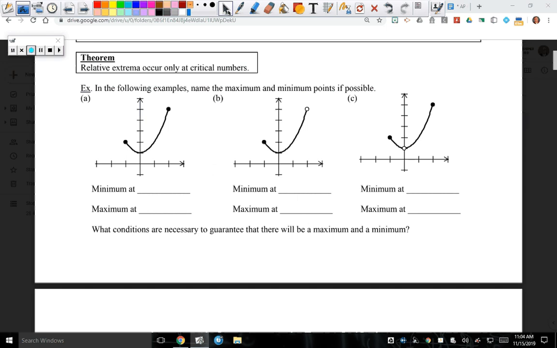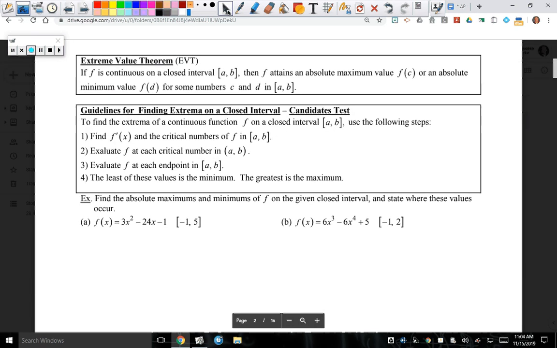Okay. All right, so let's go to now. So extreme value theorem, guys. This is one thing that we are talking about today. We're talking about extreme value. You can write these down. We're talking about mean value. And then we're going to talk about the candidates test. Those are the biggest 3 things. Please write them out if you need to.